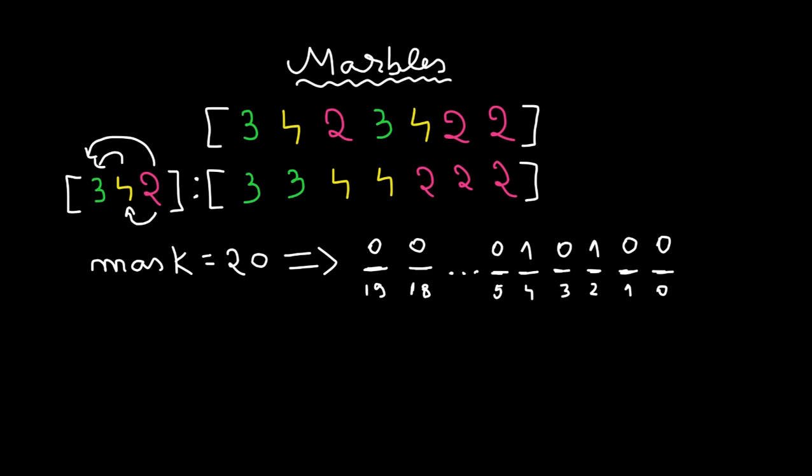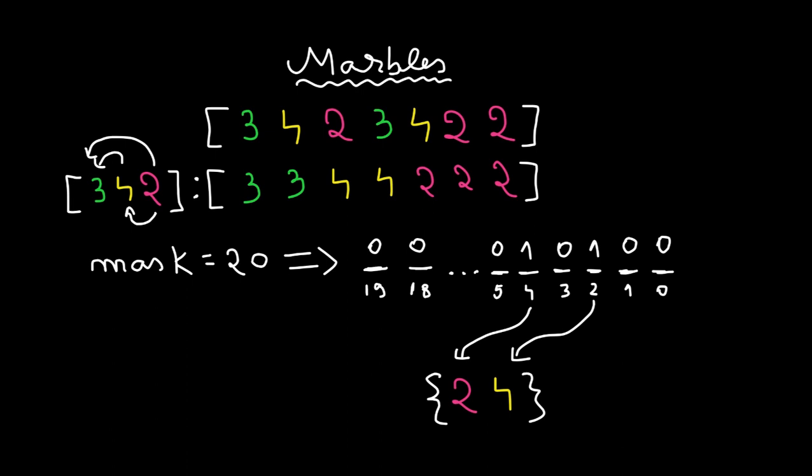And here each bit represents one color, right? So if our colors are 1 indexed, let's say from 1 to 20, here let's suppose we will index our colors from 0 to 19. So we are going to take a look at what bits are set to 1, and here 4 is set to 1 and 2 is set to 1. So our subset is going to consist of colors 2 and 4.